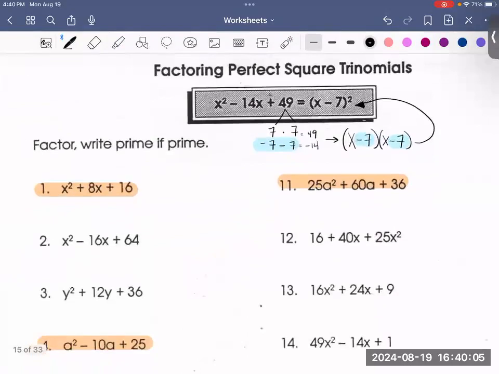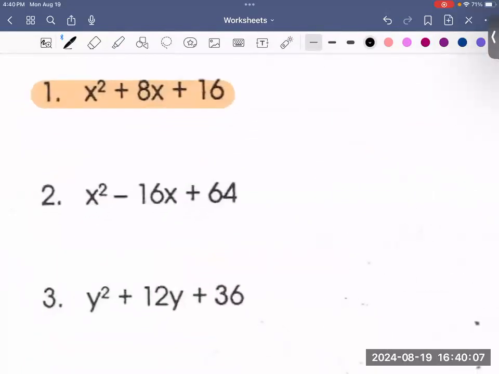So let's start again with number 1. We have x squared plus 8x plus 16. So let's look at factors of 16 that can get you to 8. Well, 16 is 1 and 16, 2 and 8, and 4 and 4. Looking at all of your factors, which ones will get you to an 8? 4 and 4 can get you to 8 as long as we add them to make positive 8.